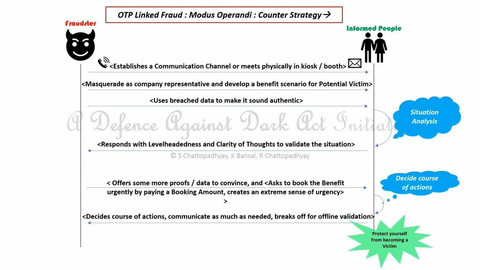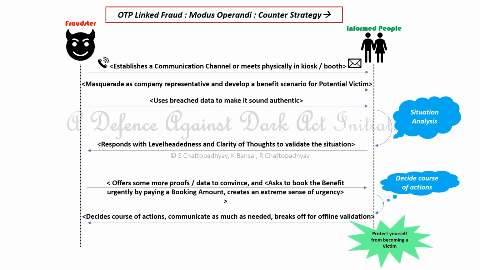And of course, while people are in the process of validation, the fraudsters will try to offer some proofs and more mechanisms to convince the potential victims. They will also create a sense of urgency. They will ask to book the benefits as soon as possible, and all that would lead to further due diligence for the informed people, and they will have to decide the course of action.